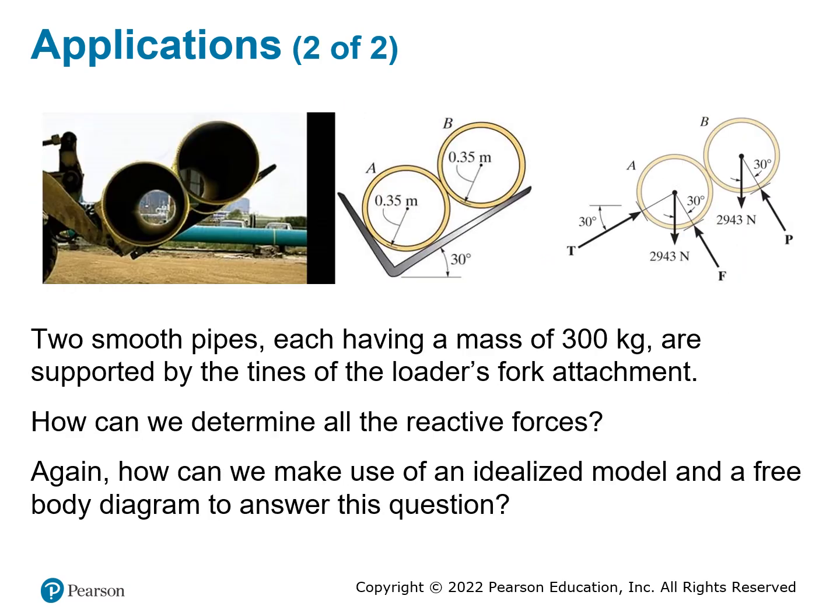Another example: you have two smooth pipes, each with a given diameter, sitting on top of this L-shaped fork. How do we find the reaction forces? To find that, the first thing you have to do is identify what forces are acting on this object.